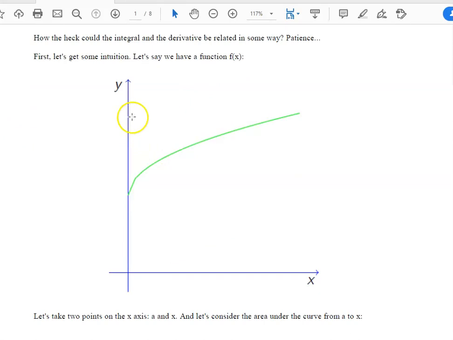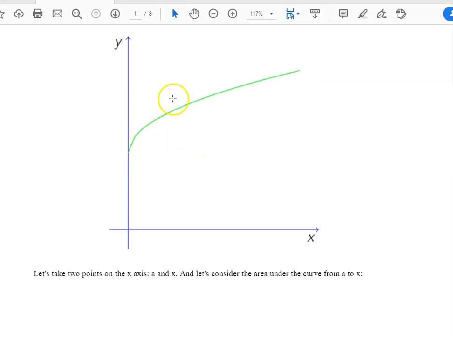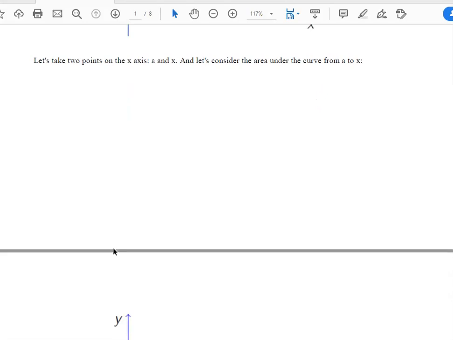Well, first of all, they say, let's be a little intuitive here. This green line is the function f, and it's drawn here sort of simply because it's all above the x-axis. Take 2 points on the x-axis, call one a and one x, and consider the area under the curve and above the x-axis from a to x.